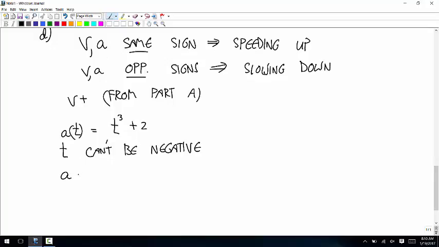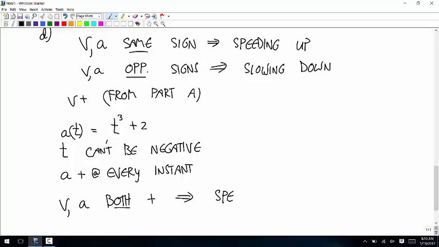So the acceleration is positive everywhere, or at every instant. So velocity and acceleration are both positive, which means it's speeding up.